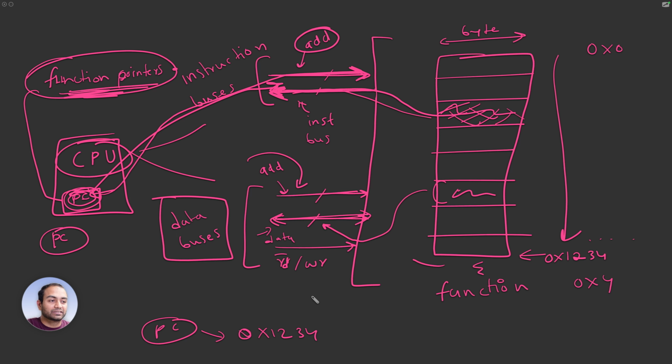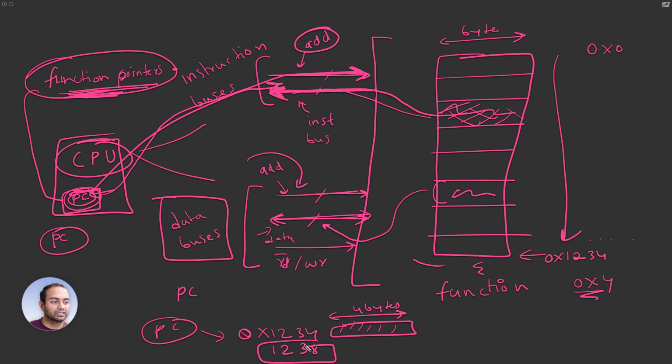And the next thing in our program, in the instructions, was, hey, dereference the function pointer. What that dereferencing then means is, hey, load the program counter not with this. One instruction is assumed to be 4 bytes here, right? That's how it is for most CPUs. So hence the next instruction would have been here.